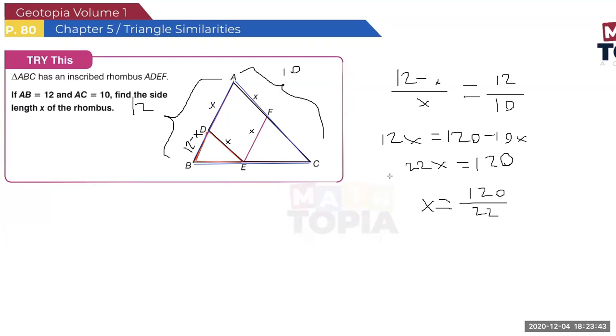Then we can go lowest term. What will be the lowest term? 60 over 11. That is one side of the rhombus. That's good.